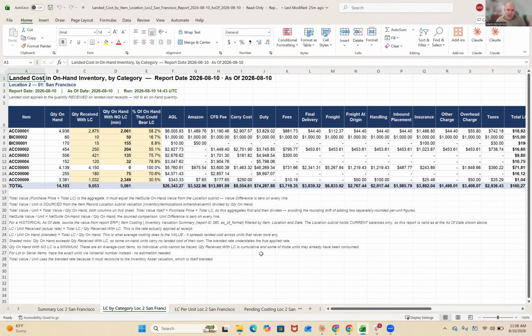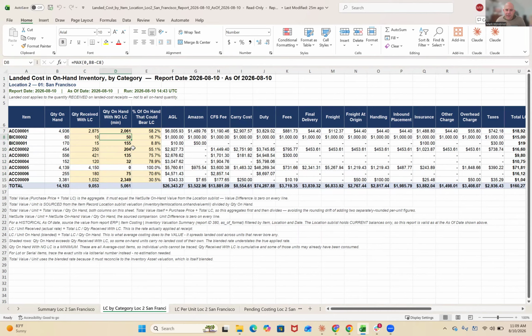Well, there we go. Our next tab shows the landed cost, the total amount on hand, and the ones that have landed cost. You'll see on the second line there's 60 on hand, but only 10 of those on hand have landed costs associated with them. That means there's 50 that are missing landed costs.